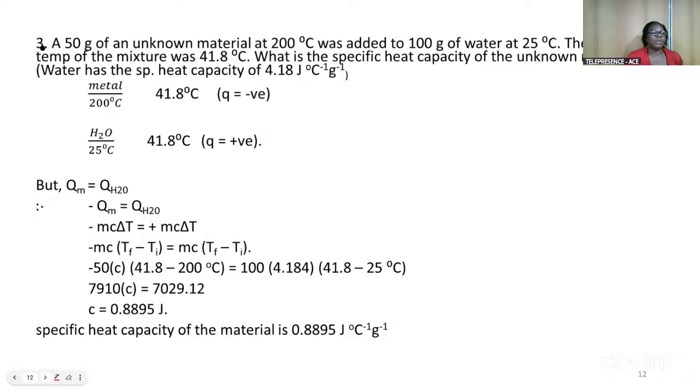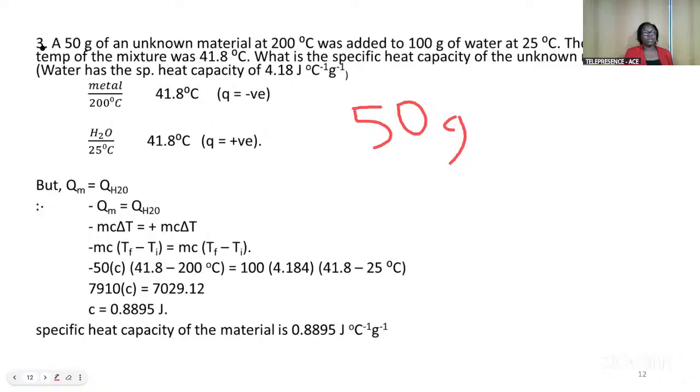In this example, I've given you 50 grams of an unknown material at 200 degrees Celsius, which was added to 100 grams of water at 25 degrees Celsius. The final temperature of the mixture was 41.8 degrees Celsius. What is the specific heat capacity of the unknown material?